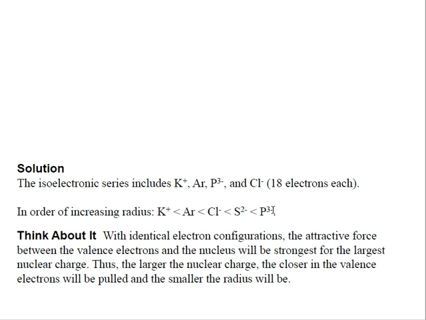If we think about this, when you have identical electron configurations, the attractive force between the valence electrons and the nucleus will be the strongest for the largest nuclear charge. The larger the nuclear charge, the closer the valence electrons will be pulled and the smaller the radius will be. In general, a cation is going to usually be the smallest.